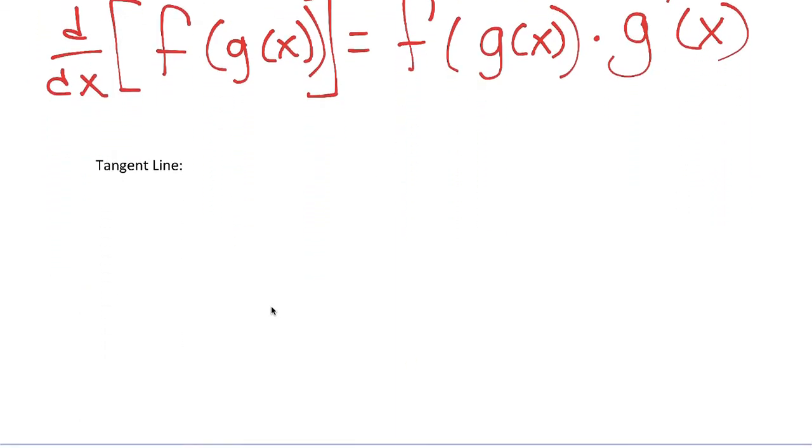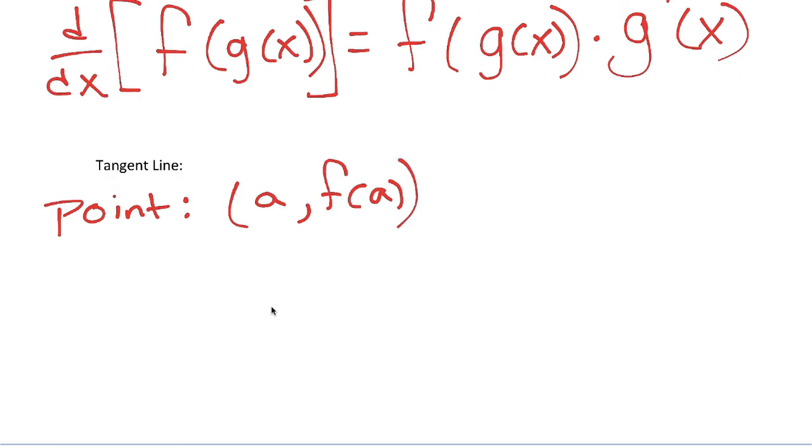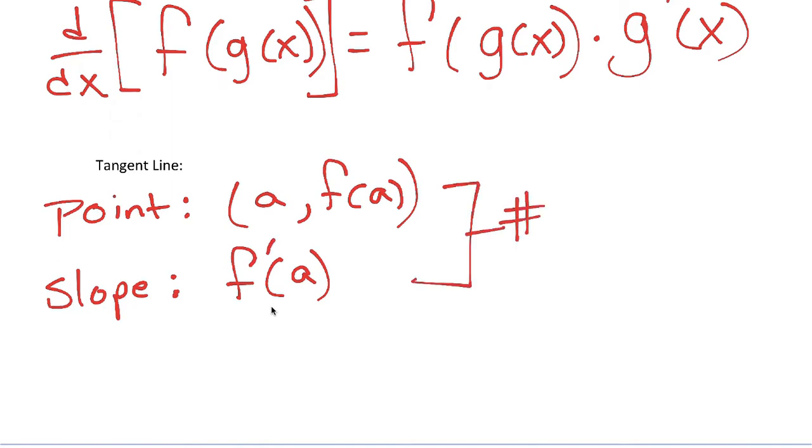Tangent lines. You need a point, some point a, f of a. Those are numbers, not variables. You need a slope, which comes from the derivative at the value a. That's also a number. All of these are numbers, not variables.